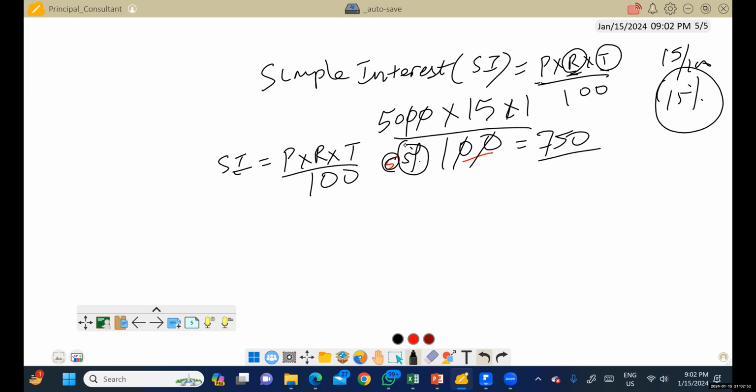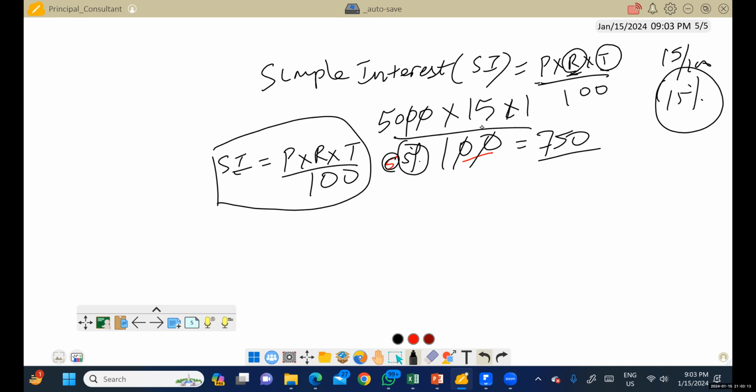We have learned to solve this with 3 approaches, but finally you have to follow this formula. But you must understand how this formula is coming. Why am I using principal into this, into this?